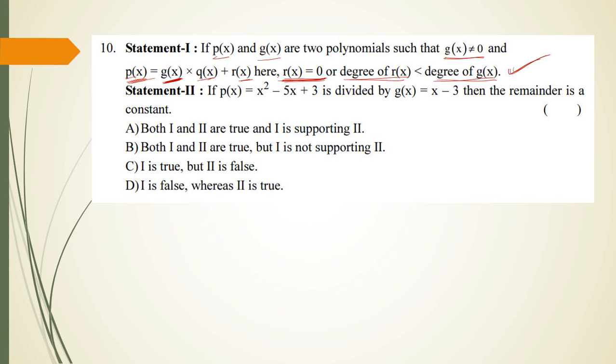Next, statement 2: if P of x is equal to x square minus 5x plus 3, it is divided by x minus 3. So x minus 3 is which type of polynomial? It is a linear polynomial. If I am dividing by a linear polynomial, then the remainder will be a constant polynomial, right? So this is also correct. See, this statement 2 is using statement 1, no?